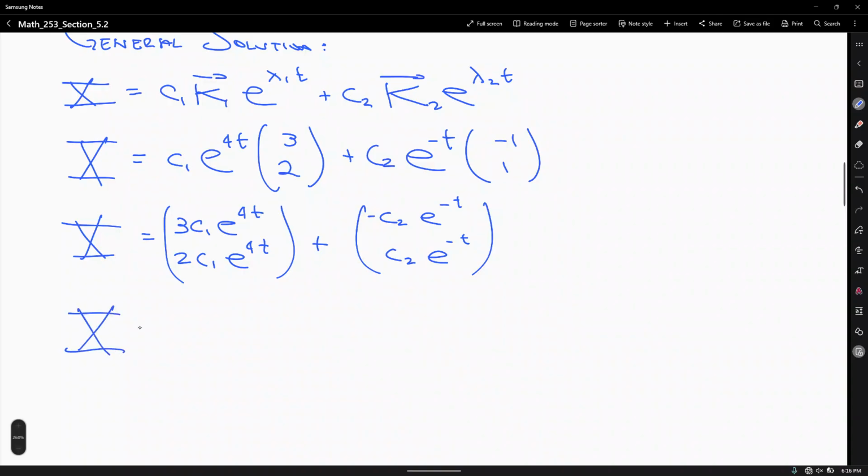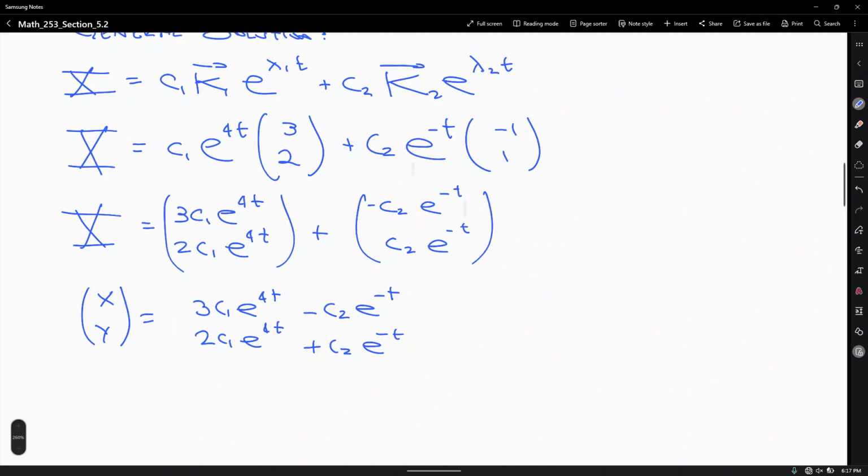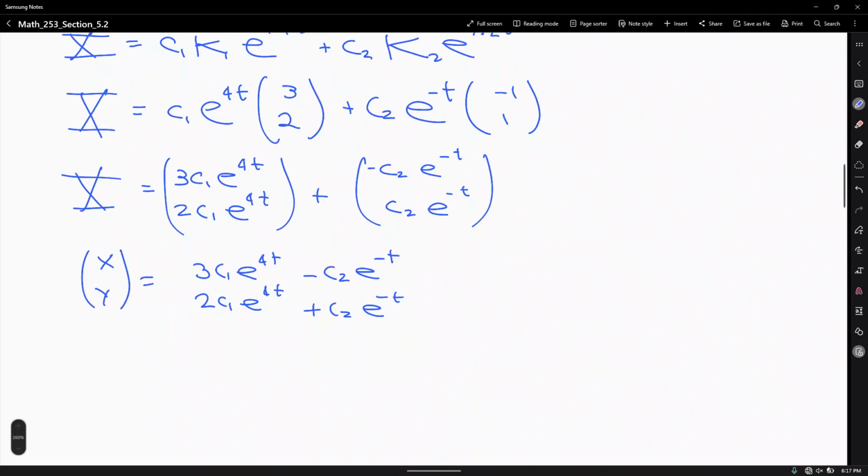It's just that this time we have fancy components. So that is 3C1 e to the 4t minus C2 e to the negative t, 2C1 e to the 4t plus C2 e to the negative t. Actually, I'm going to replace this big X with X and Y instead, which is really what we wanted to find, isn't it? Now, this is still a vector.